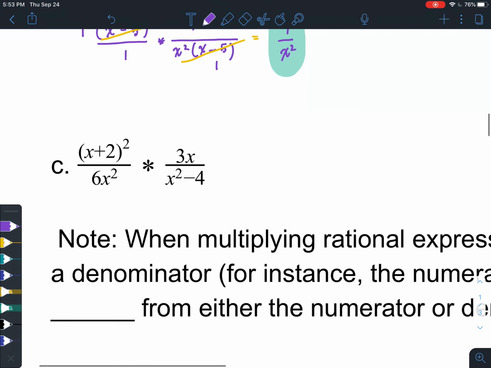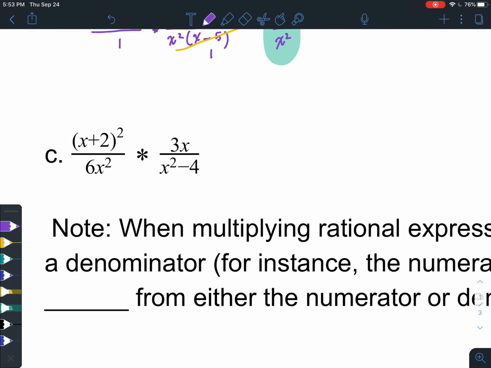Next up, we want to factor again. So just a reminder on how to factor difference of squares. Let me rewrite this first. So we have the difference of squares.